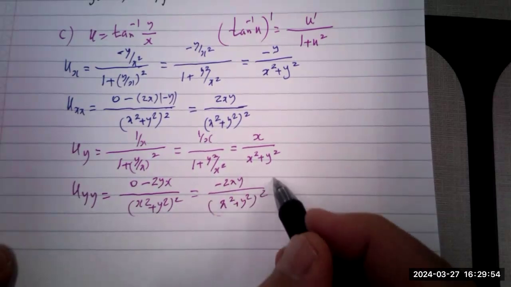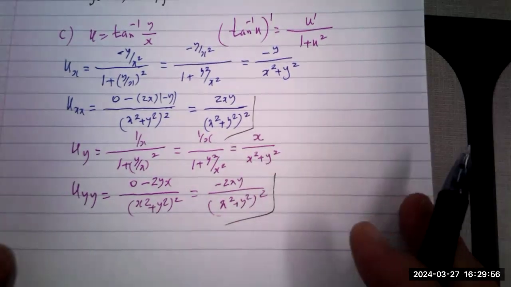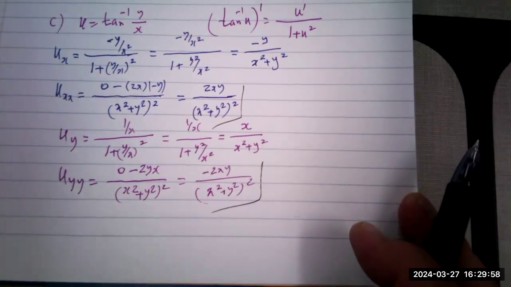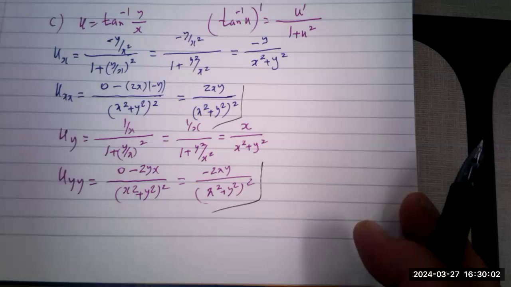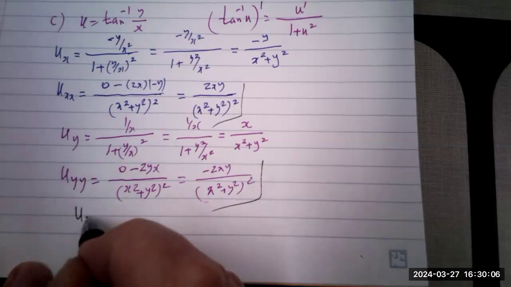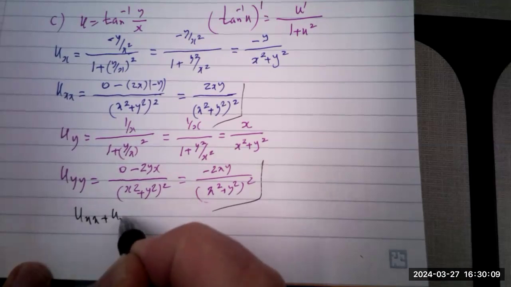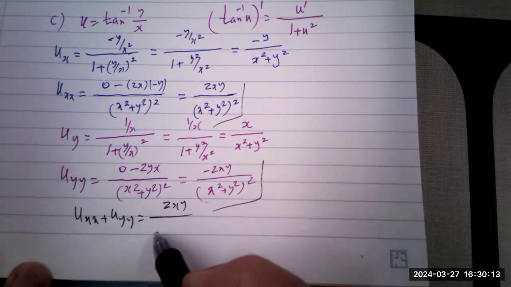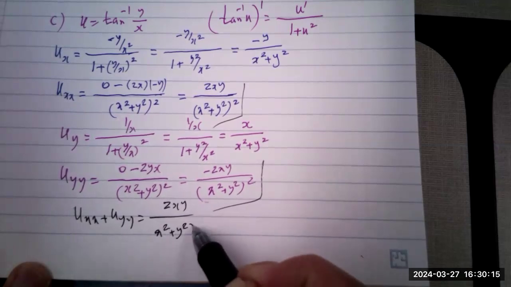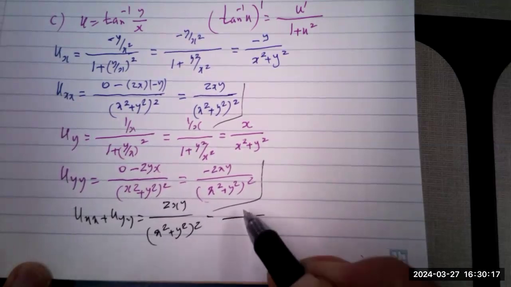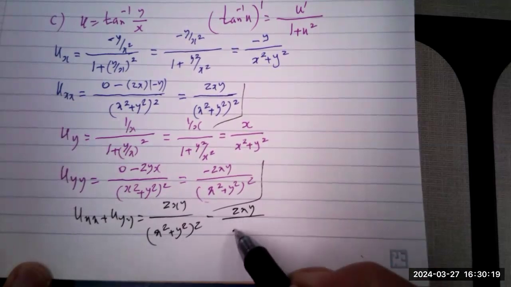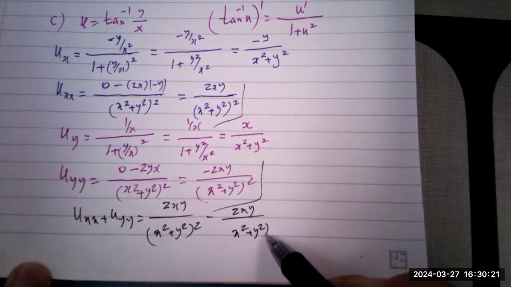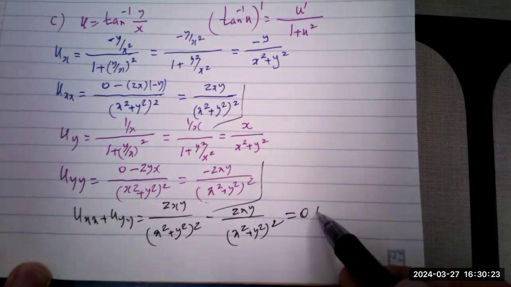Look at these two, this is 1 and this is 2. If you add them together, you get 0, because everything is the same except the negative sign. So there you are: uxx plus uyy is 2xy over x squared plus y squared squared, minus 2xy over x squared plus y squared squared, which is 0.